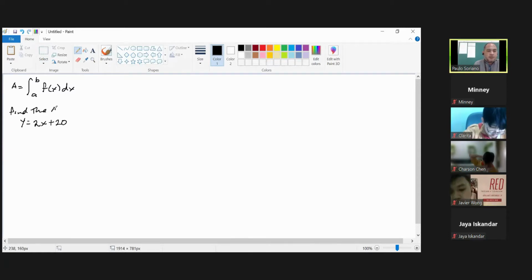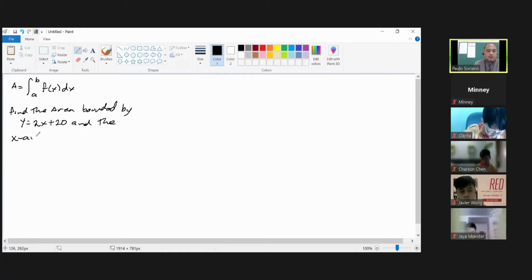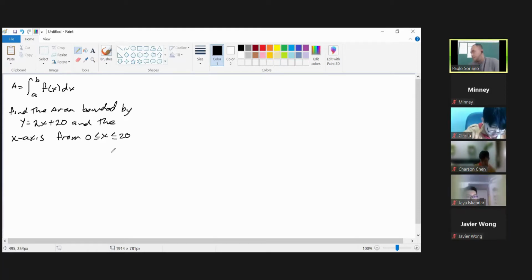Find the area bounded by this function and the x-axis from x greater than or equal to 0, lesser than or equal to 20.